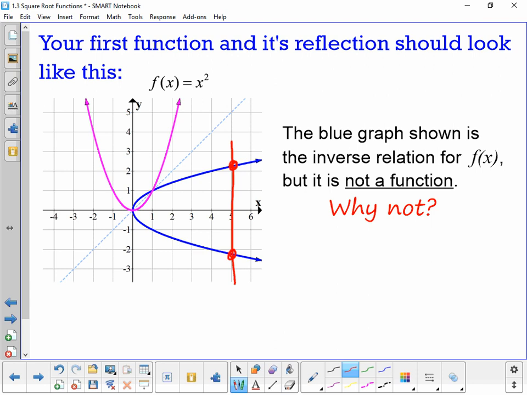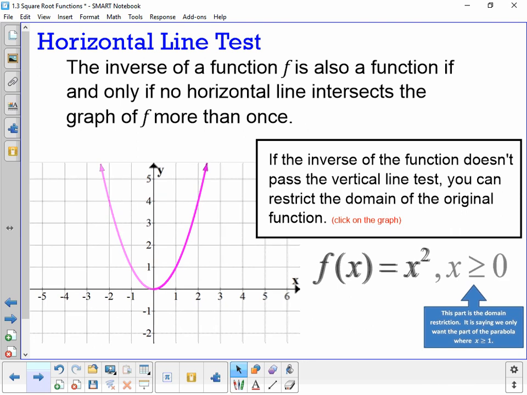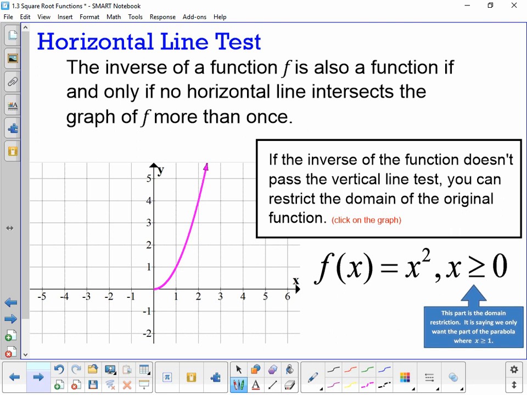Well, if we have a function and we want its inverse, there is a way we could get it to be a function, and that is if we limit our parabola to just half of that parabola instead of the whole thing. And we can state that it's only half a parabola by putting this little domain restriction.